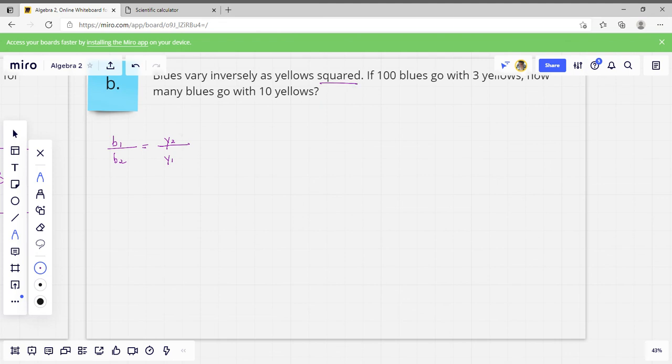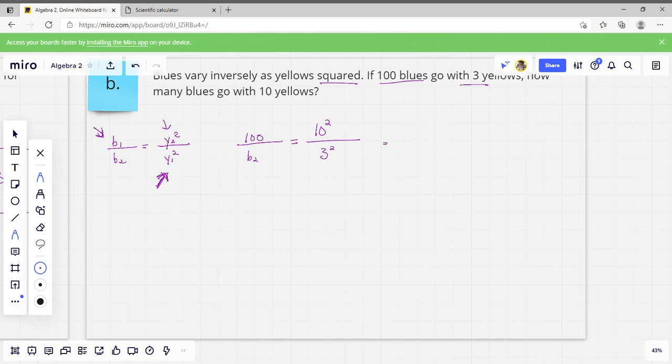And they're squared, so we're going to have to square both of our yellows. 100 blues go with 3 yellows, so our 1s are going to be 100, and 3 down here, squared. Okay, so there's our yellow 1 right there, and our blue 1 right there. Now, how many blues go with 10 yellows? All right, so blues is what we're looking for, and we've got 10 yellows squared for our yellow 2.